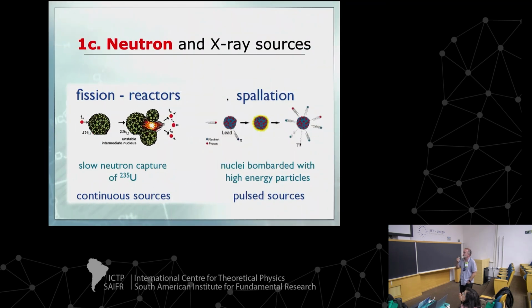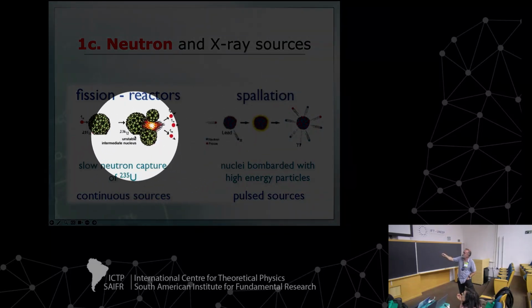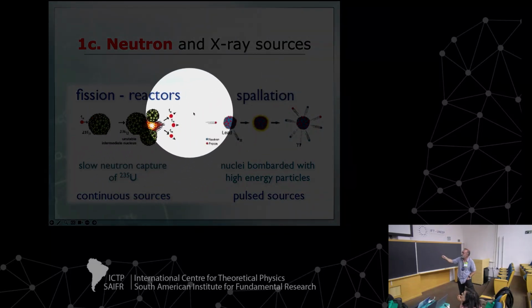So this is also important: look at the material. Okay, how do you get neutrons? You have two alternatives. Fission reactors, in which you have a fission reaction, like an atomic bomb, but controlled and moderated. These are continuous sources, because during the process of fission you are always producing neutrons that get expelled from the decomposition of the uranium-236.